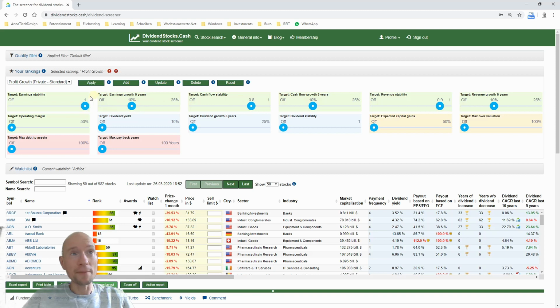But anyway, we make this very demanding, and then at the end there probably won't be a 100 ranking, which means all criteria are fully matched, but there will still be high rankings, and the stocks which rank very high are the most promising.